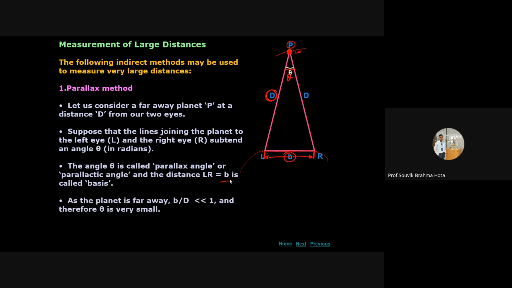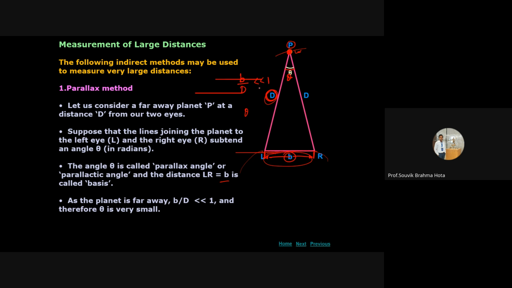As the planet is far away, how can you conclude the planet is far away? If you get a ratio B by D that is very much less than 1, where you have the numerator of this length and the denominator of this length, then your theta will be very small.